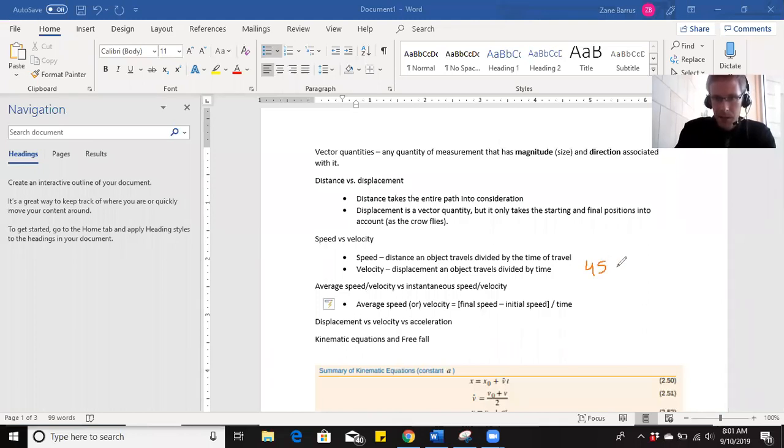I started driving at 65 miles per hour before I hit construction. And suppose that I was on the freeway for about 30 minutes, maybe going home from school.